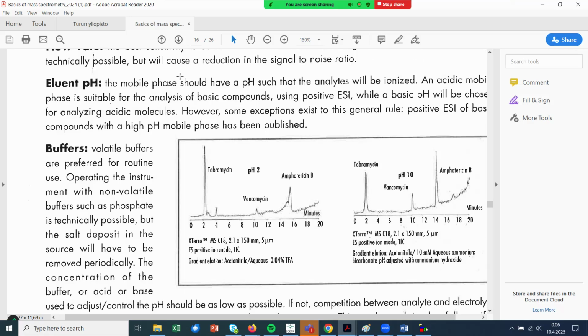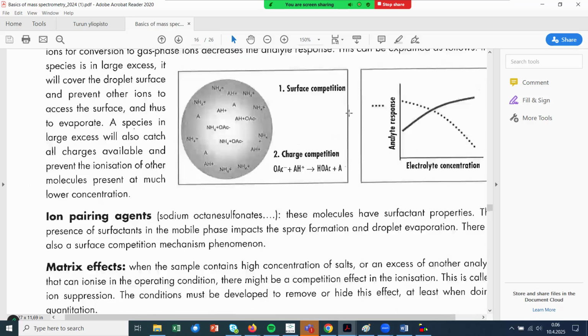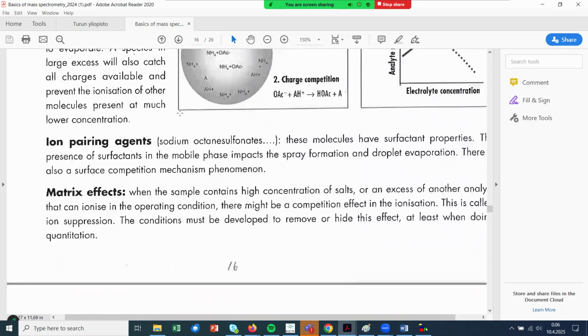The eluent or mobile phase pH, of course, also affects the ionization process, and we also need to remember that a so-called matrix effect can be present. So when the sample contains a high concentration of some salts or other components that are not our analytes themselves, they can ionize in these conditions also and may compete in the ionization with the analytes of interest.